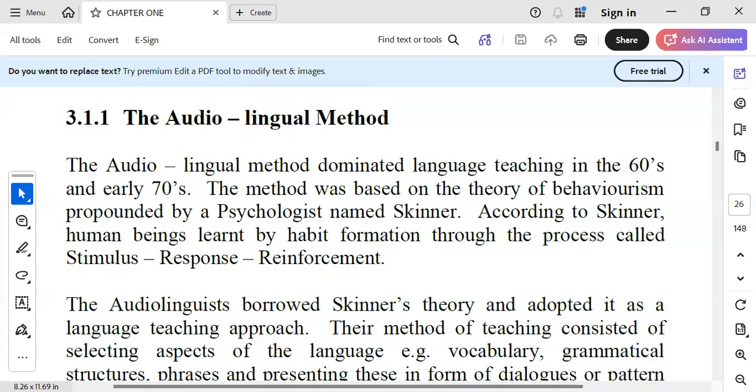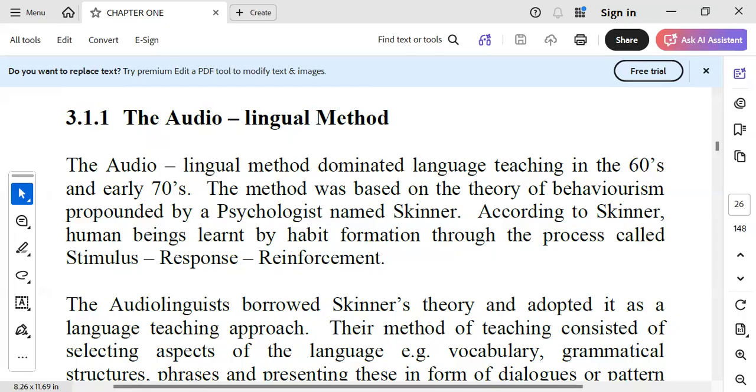Those learners recite as the teacher says it. They repeat it over and over again until the thing becomes part of their brain. So they don't need to open the book again. The teacher says it out, they repeat it. That is drilling.